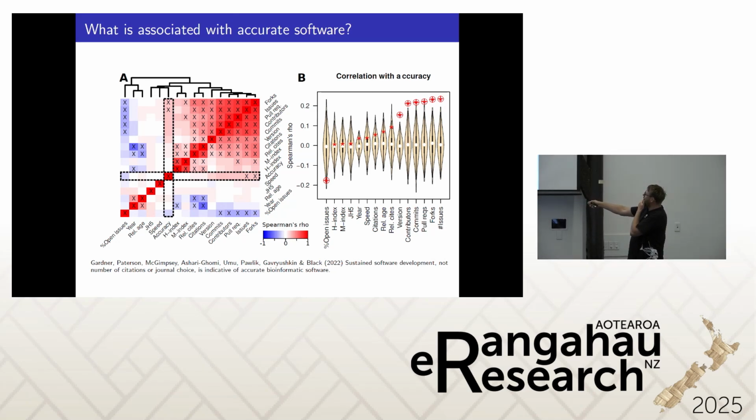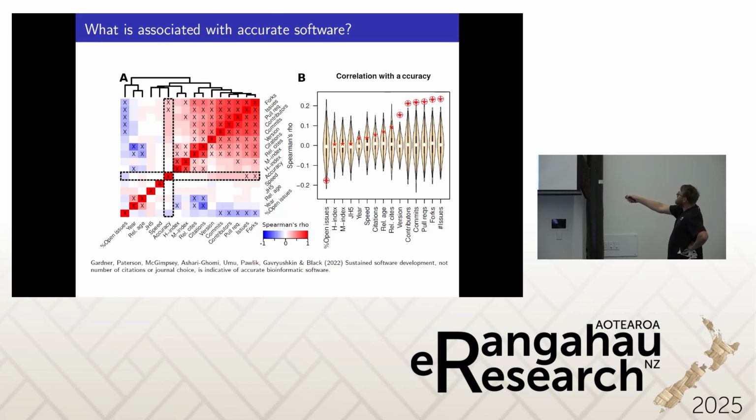H-index and journal impact factors basically do exactly what a random variable would probably do. So near zero correlation with accuracy. So you can pretty much ignore authors based on this, or at least H-indices of authors.